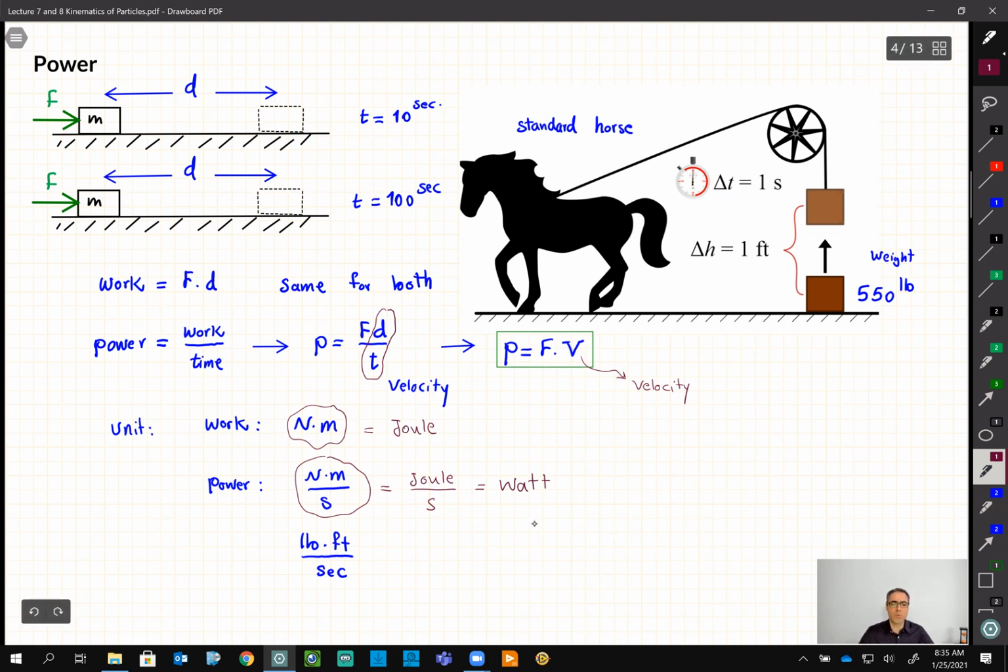So if somebody asks you what is 1 watt, you say 1 watt is 1 Newton multiplied by 1 meter divided by 1 second. So they are all related. You should take good care of these units and know where they come from. Pound foot per second doesn't have a name. It is just, we call it pound foot per second if you use that unit. And there is a relation between these.